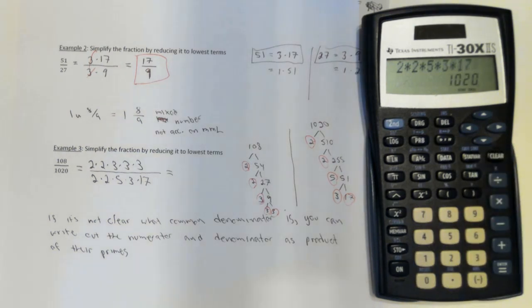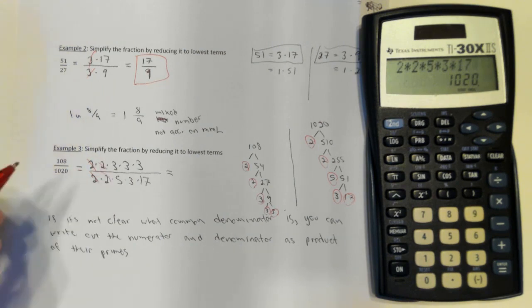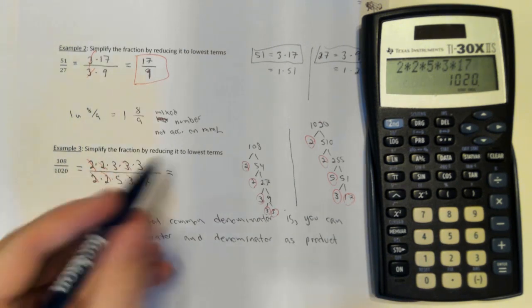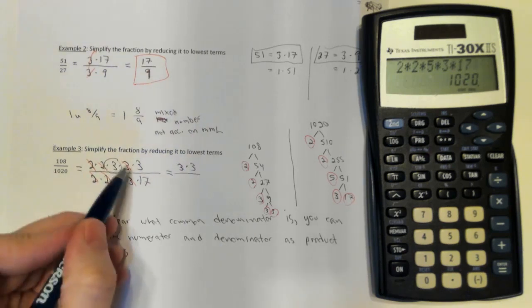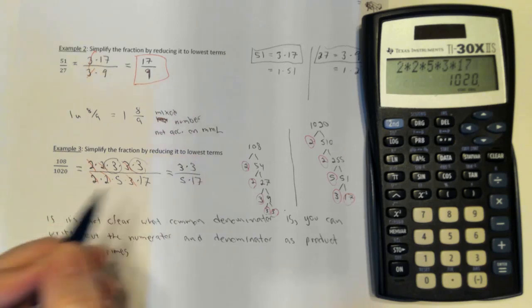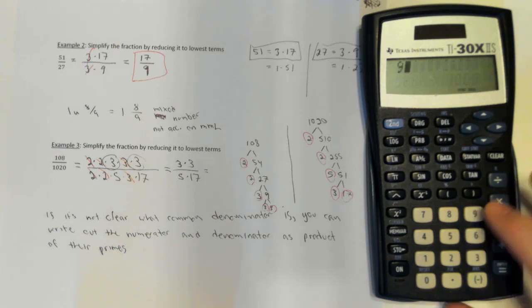Yeah. So these pairs cancel out. All right, so what I have is I have this 3 times that 3 still on top. And I have this 5 times this 17 on the bottom. Of course, 3 times 3 is 9.